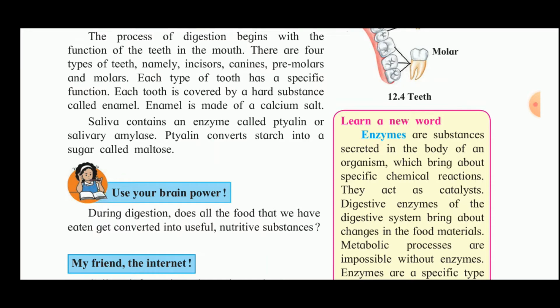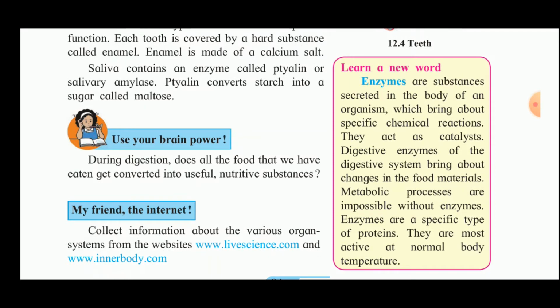They act as catalysts. Enzymes of the digestive system bring about changes in the food material. Metabolic processes are impossible without enzymes. Enzymes are a specific type of protein. They are most active at normal body temperature.